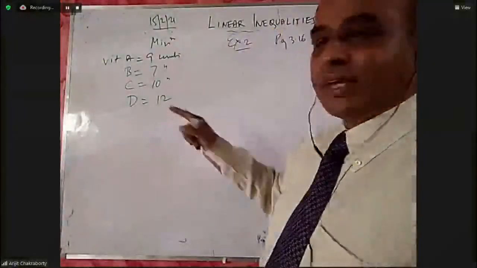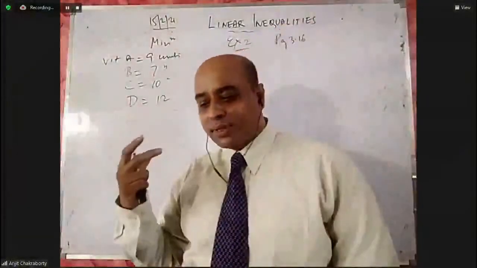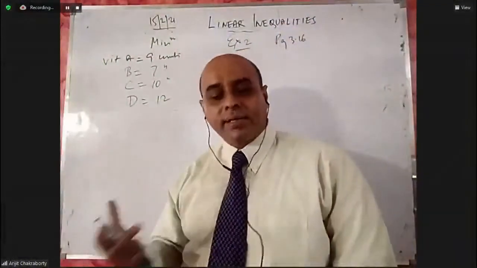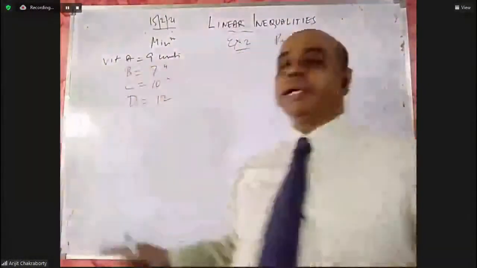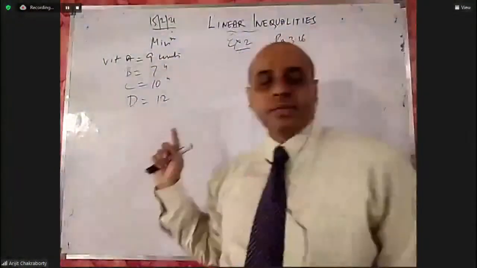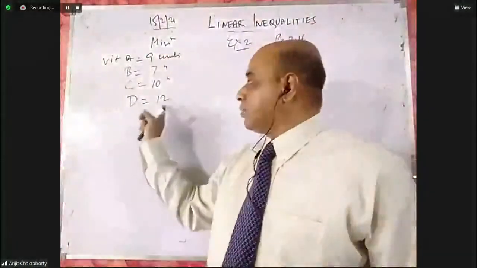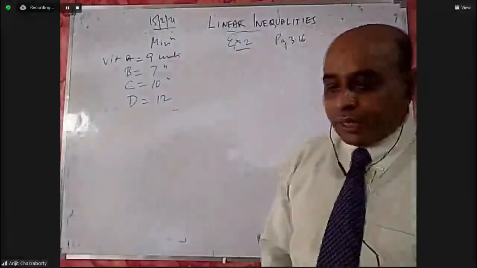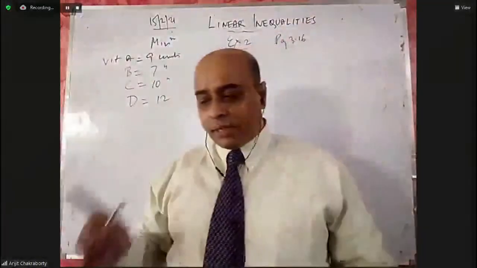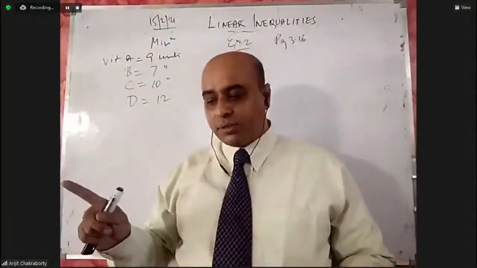So they're trying to produce a mixture, a diet which will have at least 9 units of vitamin A, 7 units of vitamin B, 10 units of vitamin C, and 12 units of vitamin D. Now, the vitamin content per kg of each food is given.